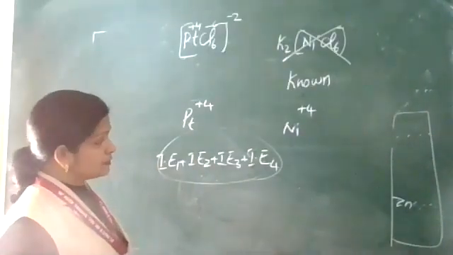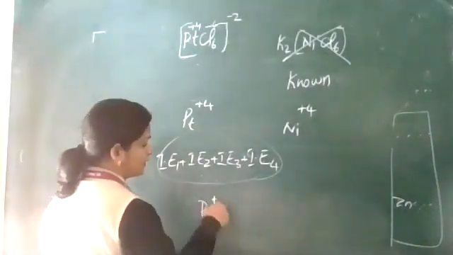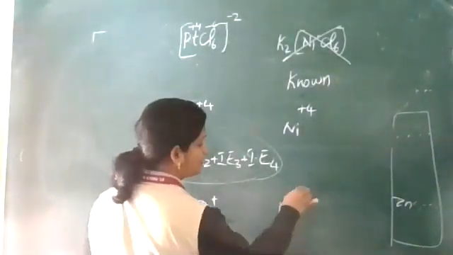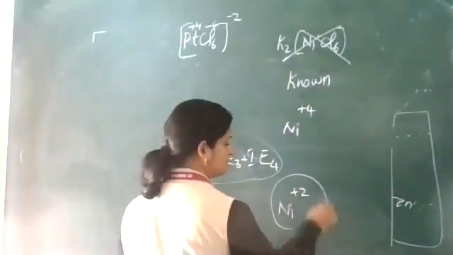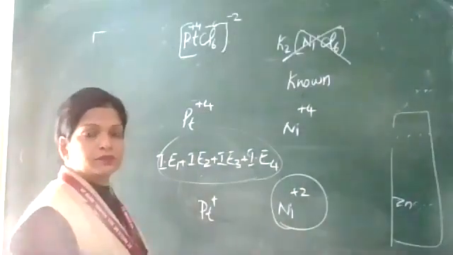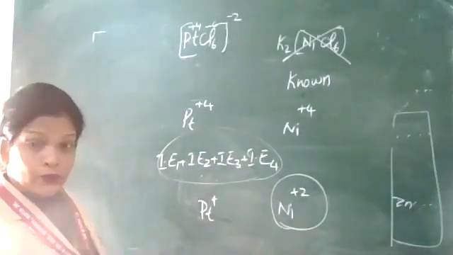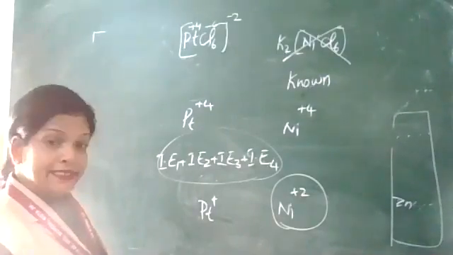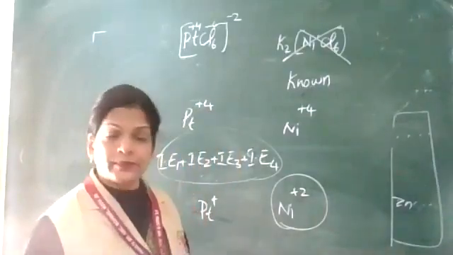But if it is plus 2, Pt plus 2 and Ni plus 2, then these are well-known compounds: NiSO4, NiO, NiCl2, like that.